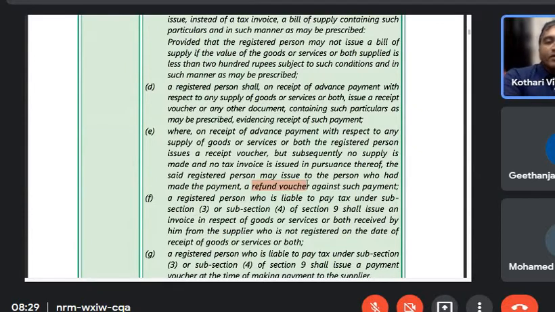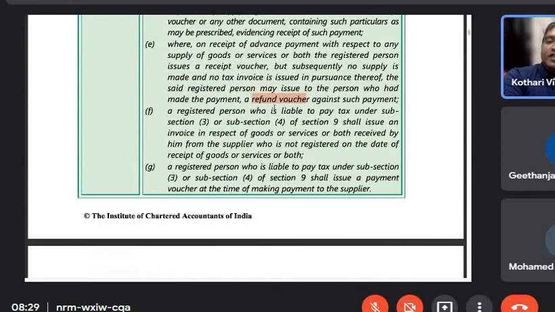Sixth document: a registered person who is liable to pay tax under subsection 9(3) or subsection 9(4). What is this? Reverse charge mechanism. He shall issue an invoice in respect of goods or services or both received from a supplier who is not registered, on the date of receipt of goods or services or both.